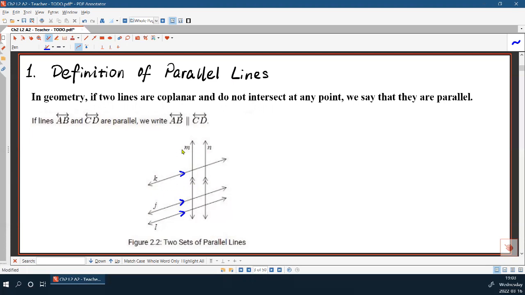And then line M and line N are parallel, indicated by 2 small arrows. These 2 small arrows indicate that line M and line N are parallel to each other, but not necessarily parallel to lines K, J, and L. Any questions? No. Okay.